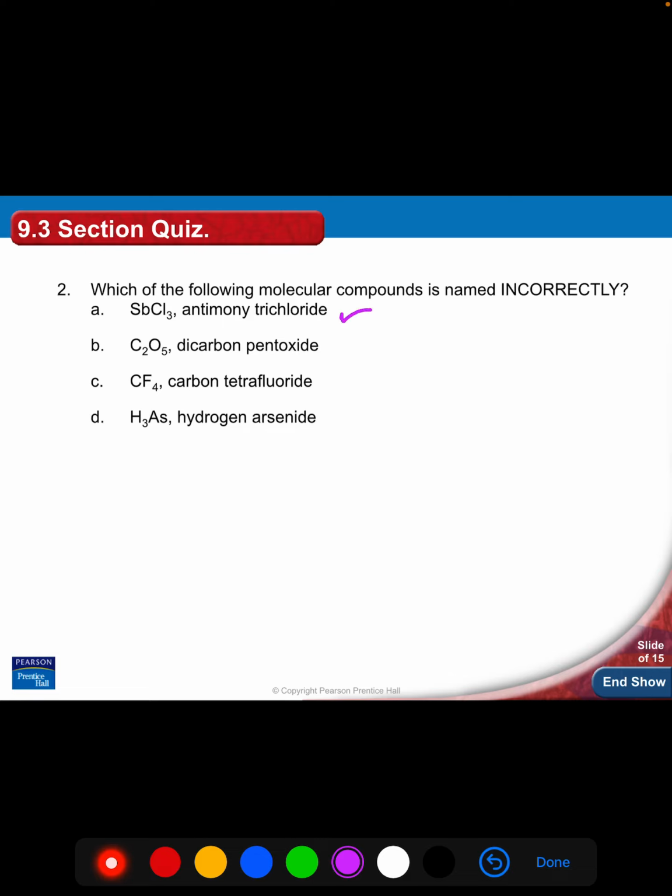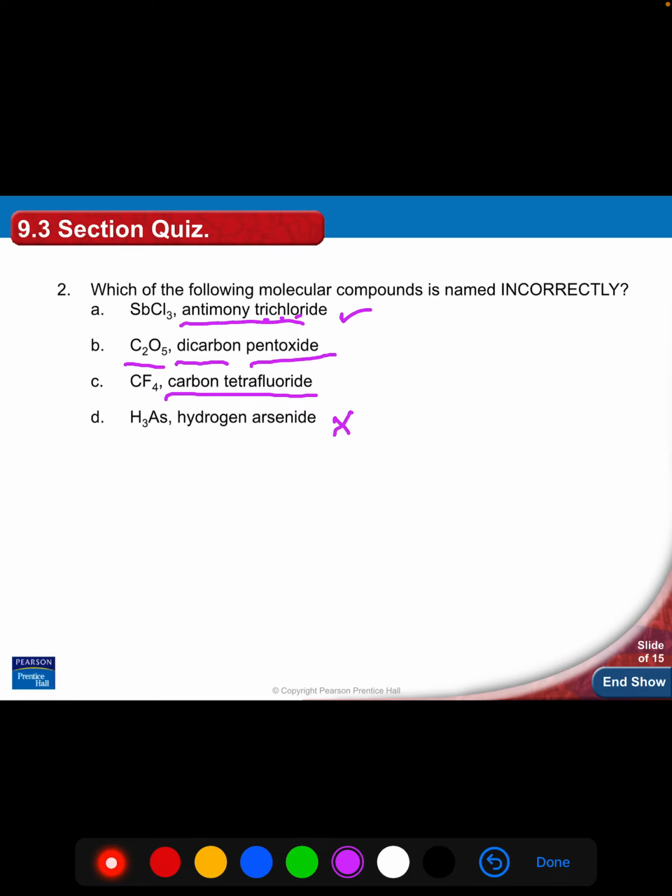And dicarbon pentoxide. So see, we didn't say monoantimony trichloride, because the mono here is understood in the first example. But here, when we have 2 carbons and 5 oxygens, it's dicarbon pentoxide. Carbon tetrafluoride would be CF4. And so this one, since the other 3 are correct, must be wrong.